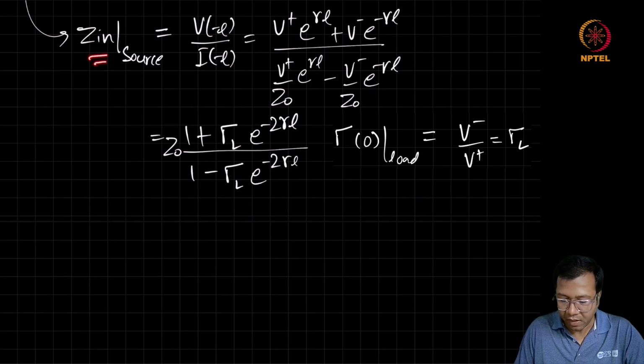One practical issue which may come when dealing with a transmission line is that the input impedance becomes a function of the length of the line.